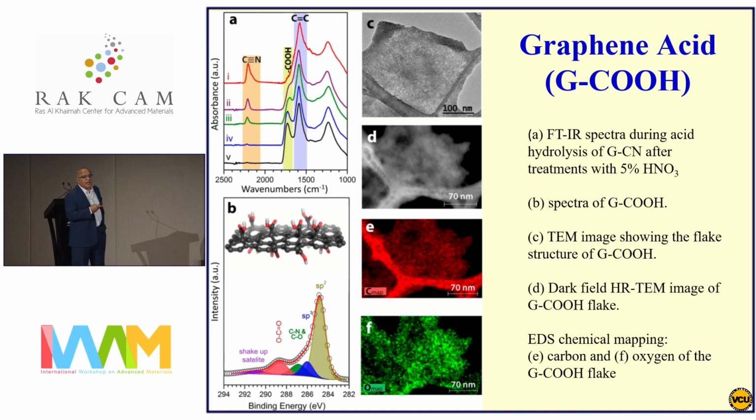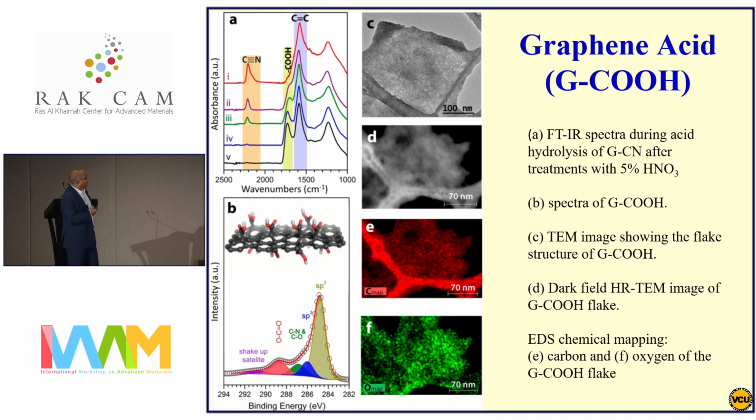You take graphene cyanide and you do acid hydrolysis using nitric acid, for instance, at different times and different concentrations. You can watch the disappearance of the cyano groups until you have complete disappearance at higher concentration and longer reaction times with the acid hydrolysis here.